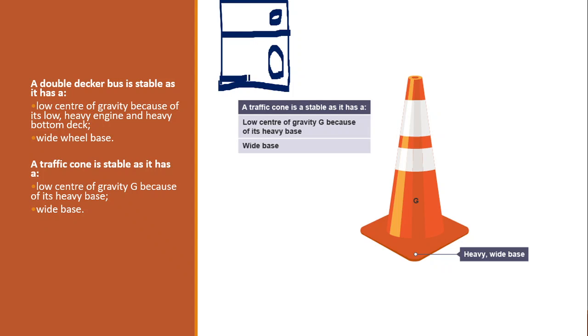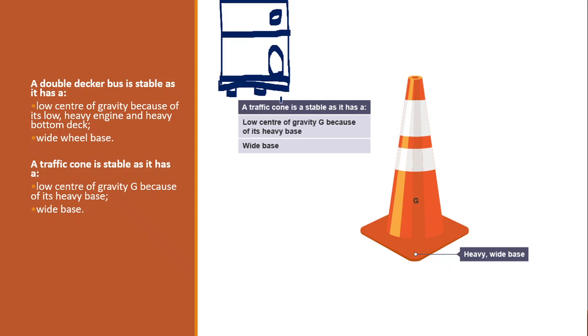It sounds hard to make it stable enough to carry people on both decks. However, what they do is put weights on the lower end of the vehicle, which lowers its center of gravity, and you can also see that they are very wide based, hence they are still stable although they are double decker.